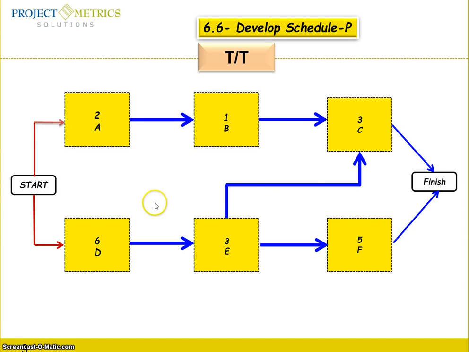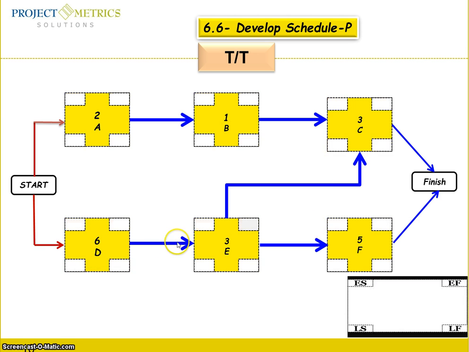In our example here, we have to identify the critical and non-critical paths. So you write down the paths first: A, B, C is a way to finish your project, and another D, E, F, and another one D, E, C. All these paths lead to accomplishing your project.